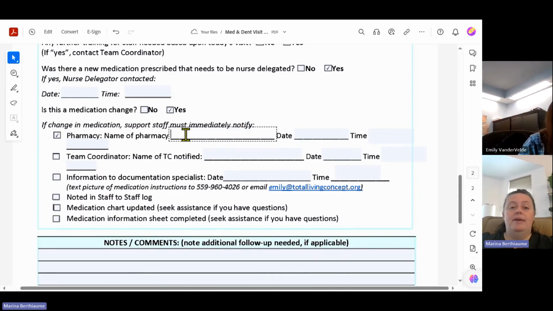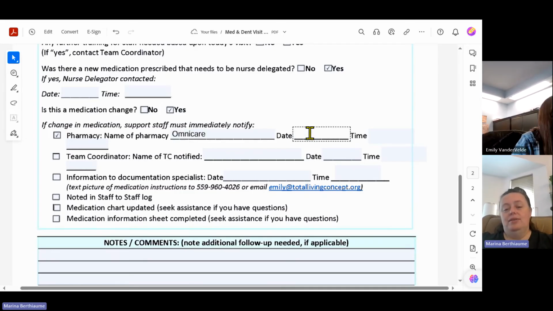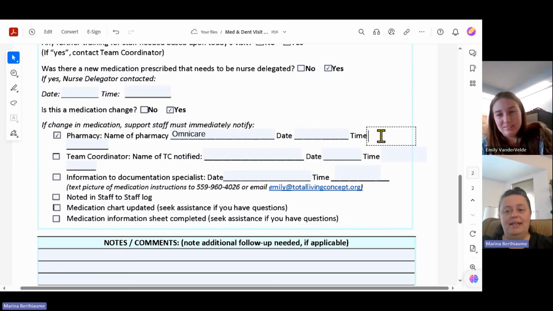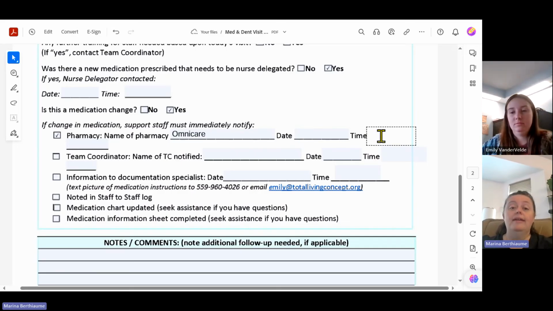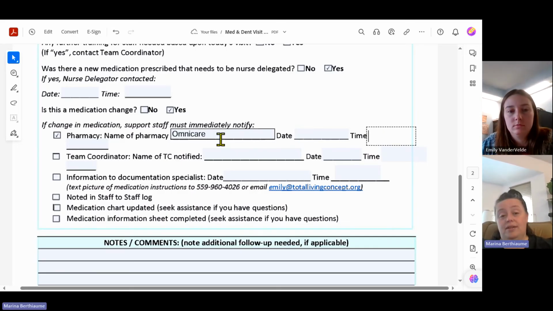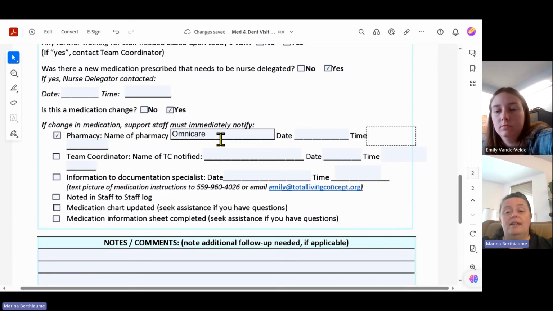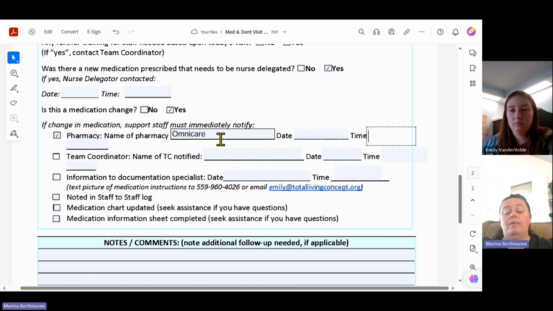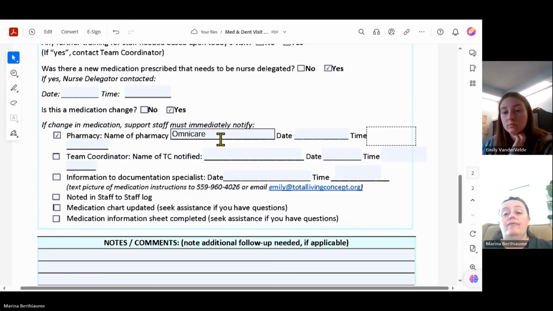So you're going to put down the name of Omnicare and the date and time when you called Omnicare or ReadyMeds or Walgreens, whatever it is, and confirm whether they received the change that was made by the doctor. Usually the doctors are sending things electronically nowadays. So a phone call afterwards just to make sure that those electronic instructions went through is very important.